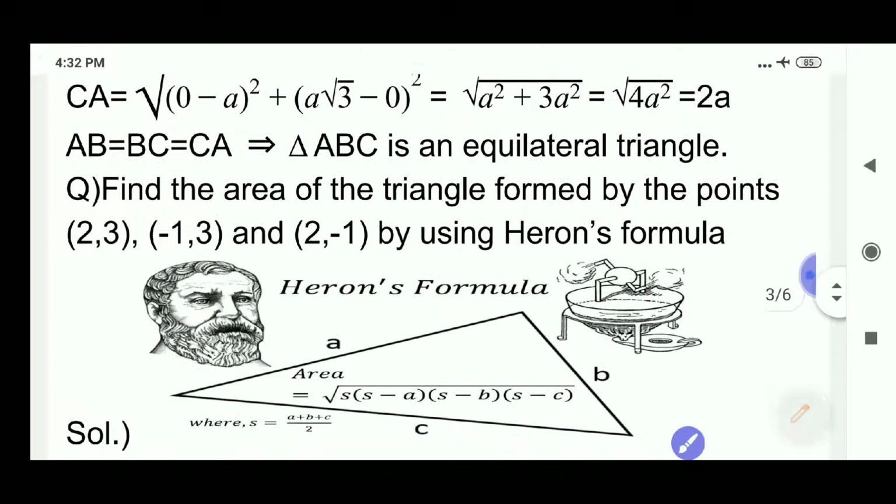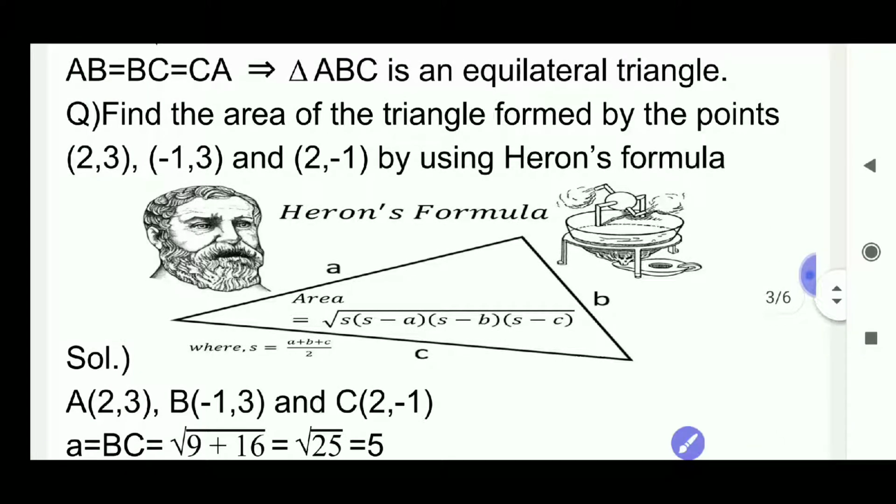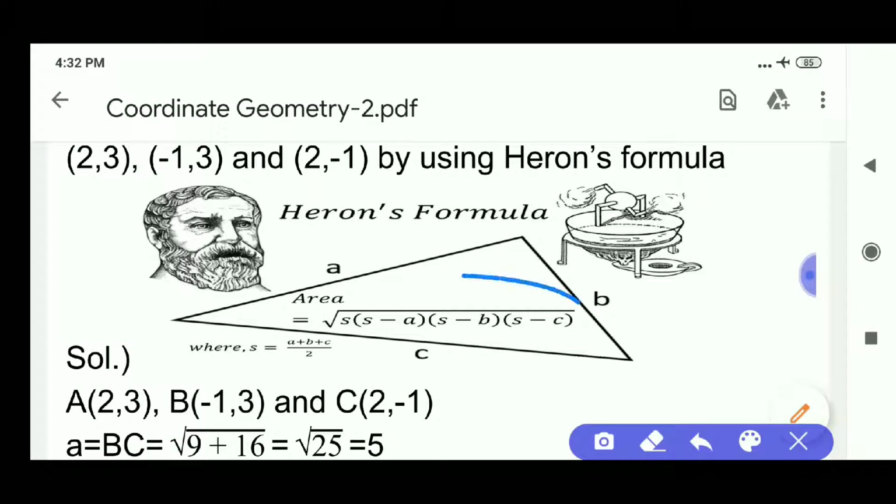One more important question. Find the area of the triangle formed by the points by using Heron's formula. In our previous video, we discussed Heron's formula. What is Heron's formula? Area of the triangle is root over s into (s minus a) into (s minus b) into (s minus c).